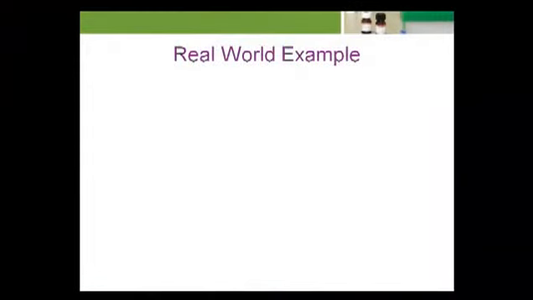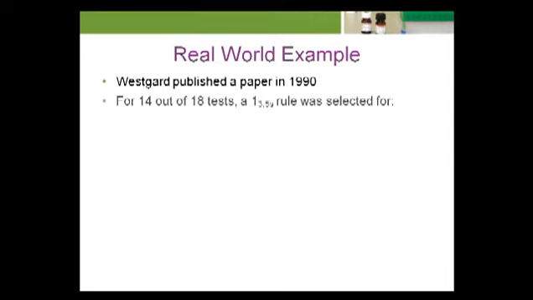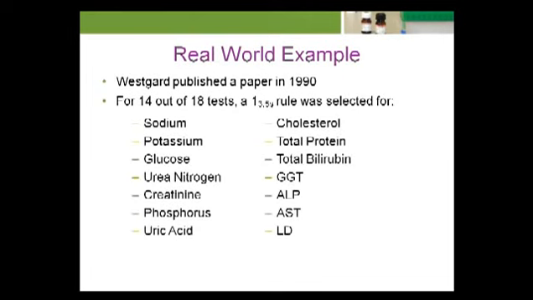To evaluate the impact of QC design in a clinical laboratory, Dr. Westgard performed the computations outlined in this presentation for a laboratory that was using a 1-2S QC rule for all of its general chemistry tests. For the 18 tests considered, it was determined that 14 of them could use a 1-3.5S rule.